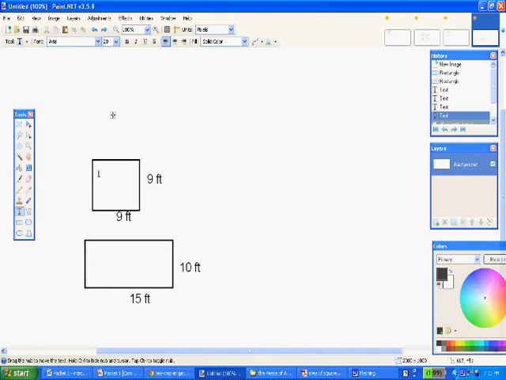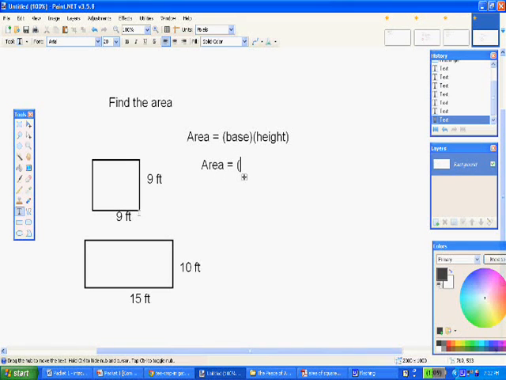So we have these two figures. We have a square and we have a rectangle, and we want to find the area of these figures. Again, the formula for area is base times height. And with the square, the base is the same thing as the height, so this makes our lives a little easier. So the area of the square is simply the base, which is 9 feet, times the height, which, as we can see from this diagram, is also 9 feet.